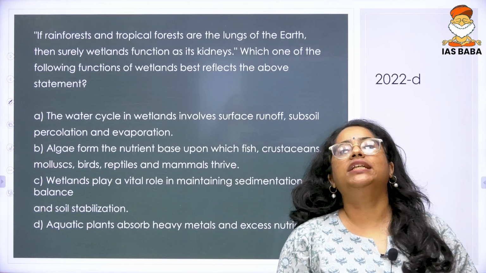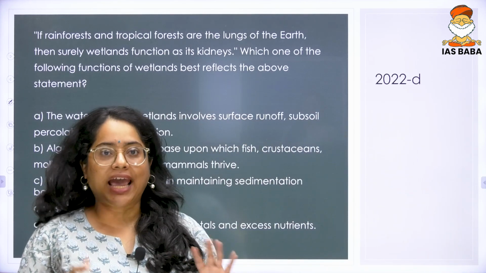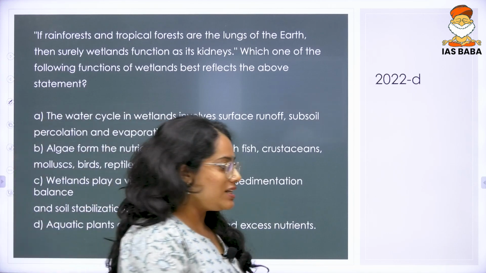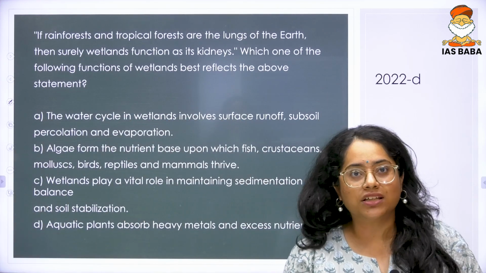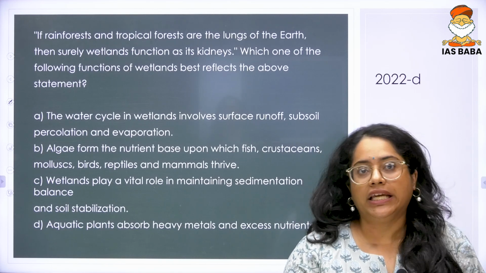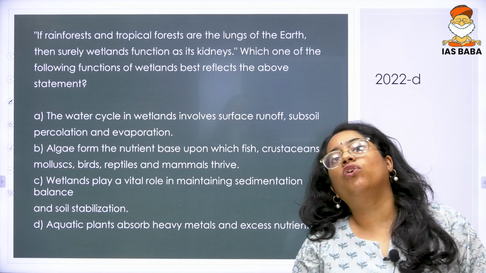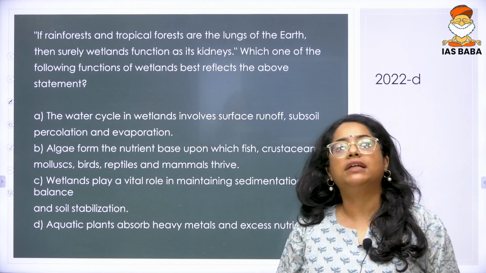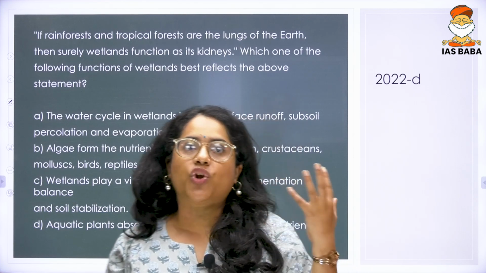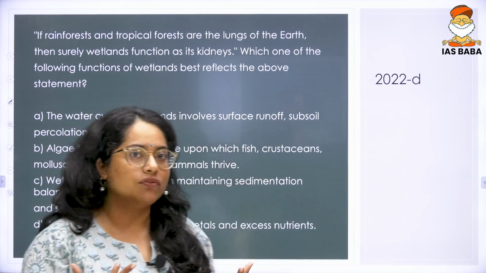Next, we have a 2022 question, which was again considered a controversial question with multiple answers. The question reads: if rainforest and tropical forests are the lungs of the earth, then surely wetlands function as its kidneys. Which one of the following functions of wetlands best reflects the above statement? So they are saying if tropical rainforests are lungs, what is the function of the lungs?